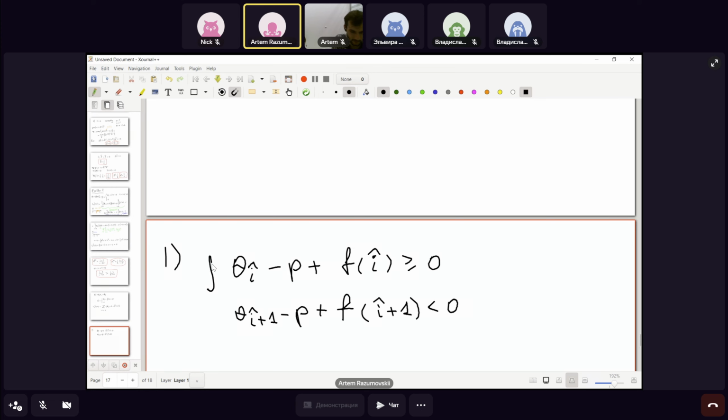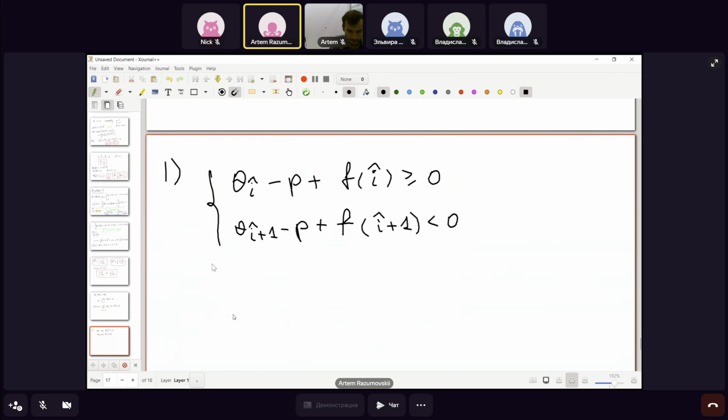Yes, so then we have these two equations, right?